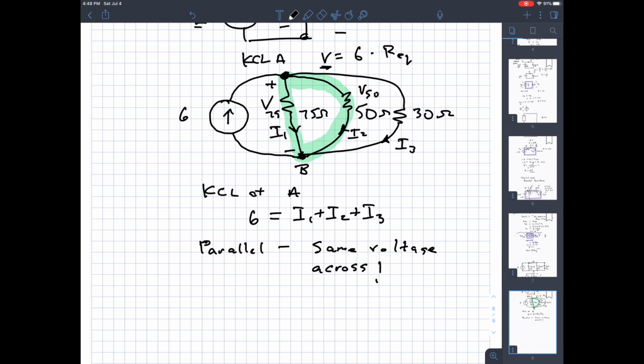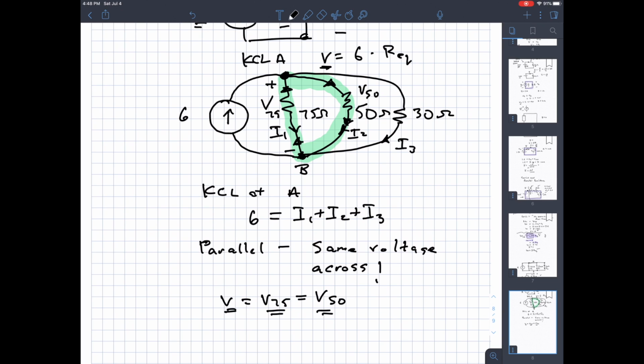There's a rise of V75, and if I keep going around that loop in this direction, I have a drop of V50. So what I know is V75 is the same voltage as V50. And in fact, it's voltage V that we've labeled before. I'm trying to make the point that it's the same voltage across each one.